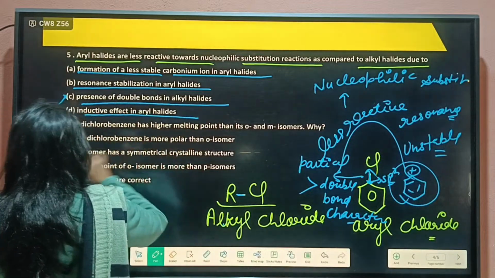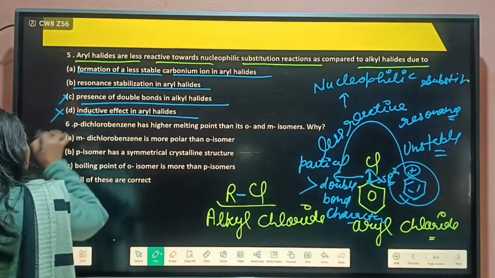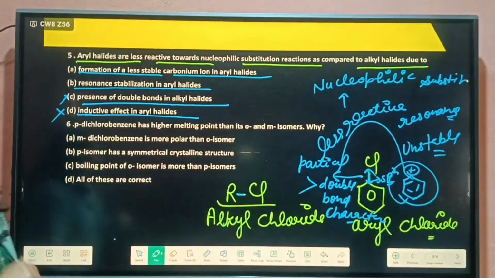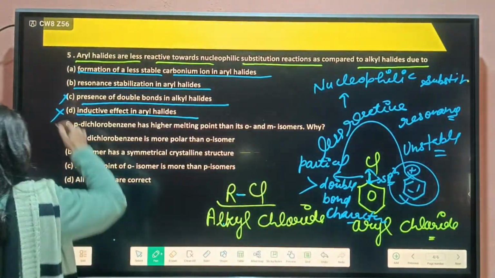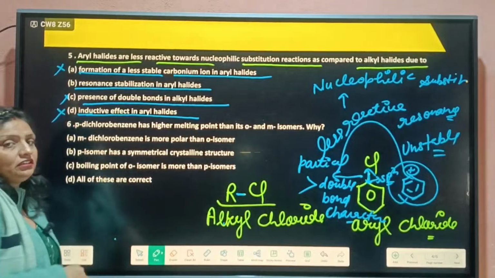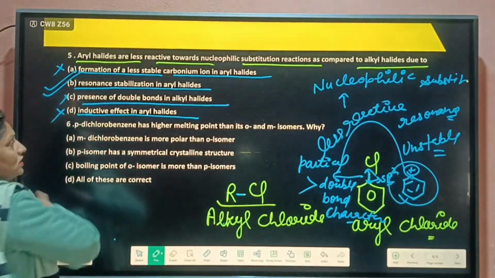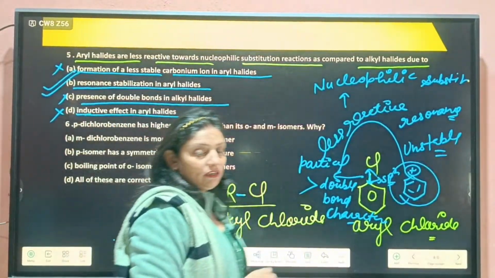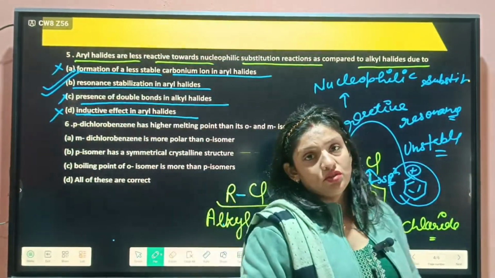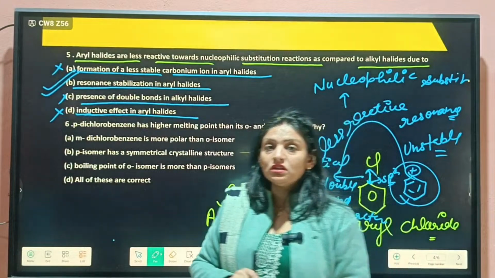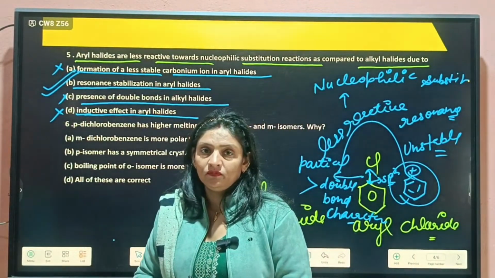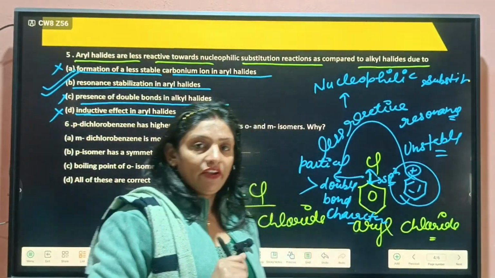Inductive effect, we can go, but it is not the dominant factor. This one is also not a dominant factor. So students, resonance stabilization, this one is the dominant factor. So we can go with this option because resonance stabilization is the main factor here.